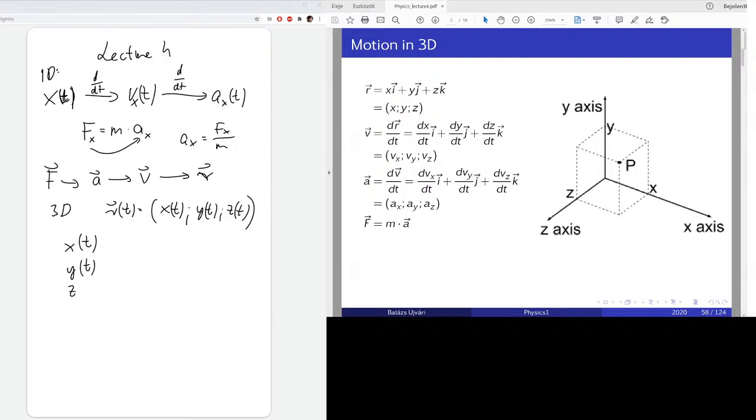And if we want to have the velocity from the position, we have to derive component by component to have the vx, vy, and vz. And technically the v is the vx, vy, vz.